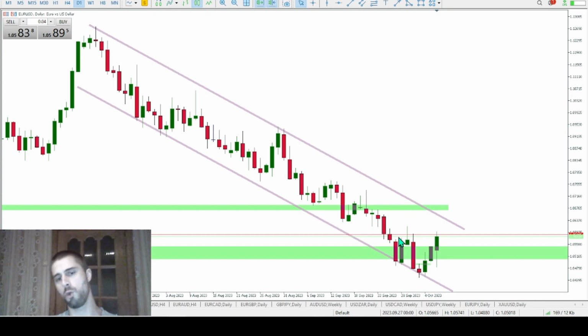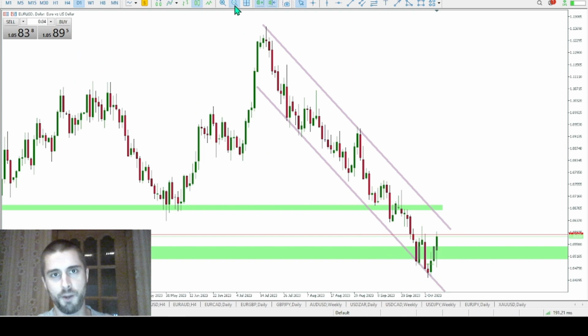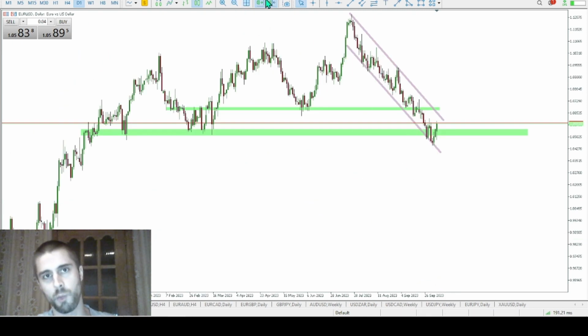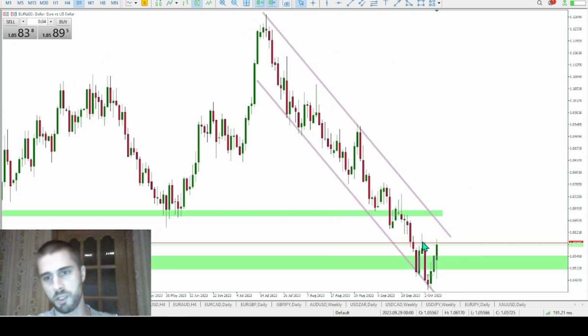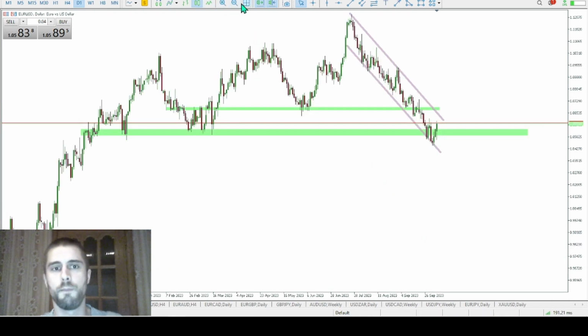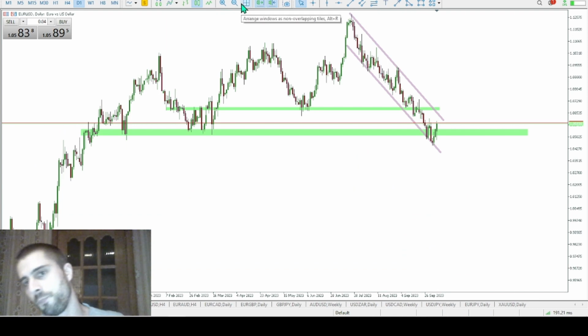This is the Euro USD, the daily chart. In the last weekly forex analysis we have been talking about this bullish push from that very important support area. So we had that push, but I told you that it's very likely the price will test the support once again and then we'll see some final serious moves.